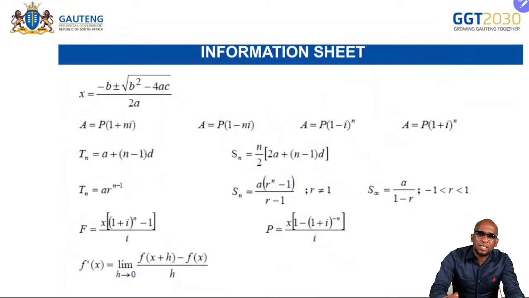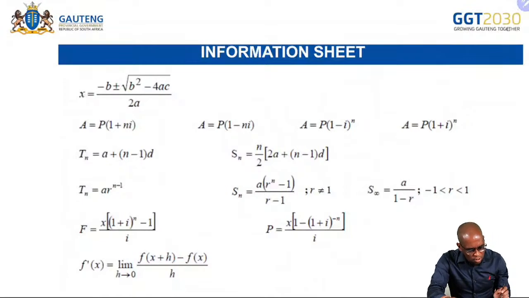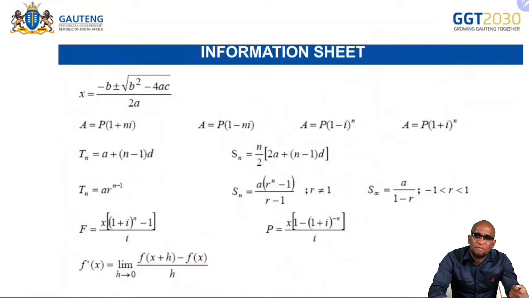Right, let's look at the information sheet. Obviously, the information sheet would be provided to you, and you should make full use of it. You can check on the first sheet of this information sheet. These are formulas that are going to be useful in our paper 1.